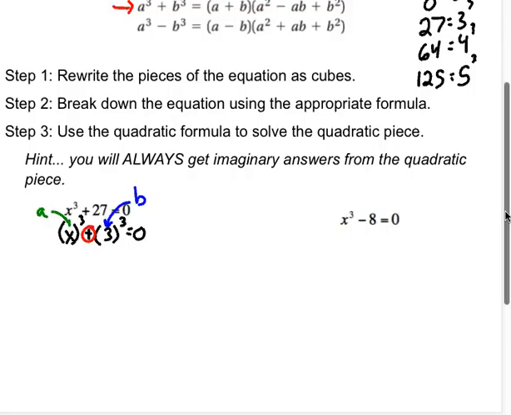Once I've identified all of that, now let's put everything into the formula. A plus B. Well, my A is x and my B is 3.